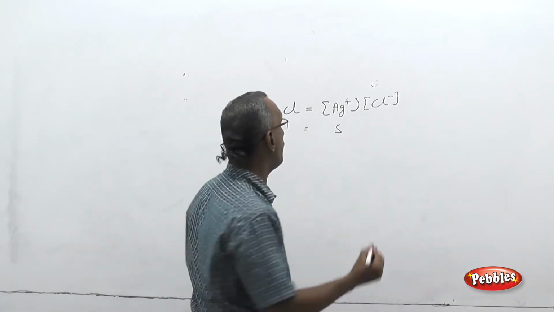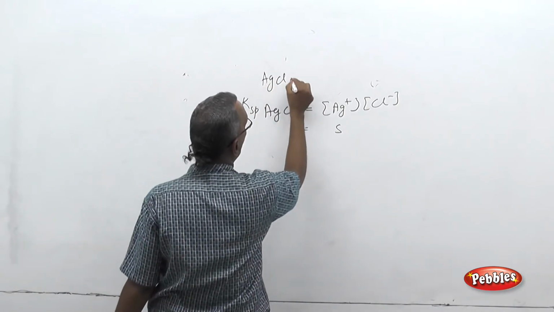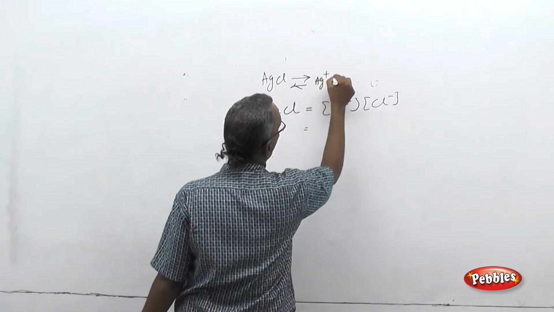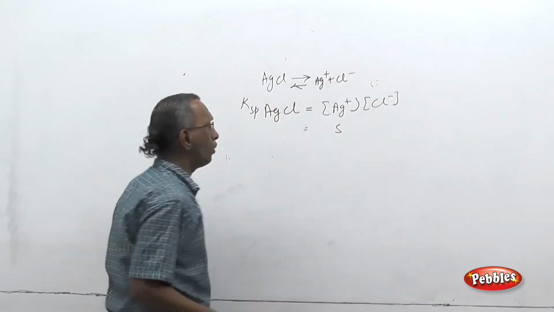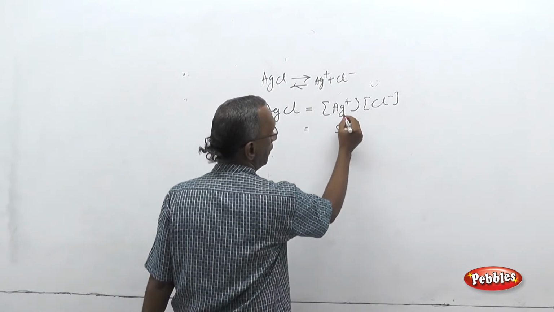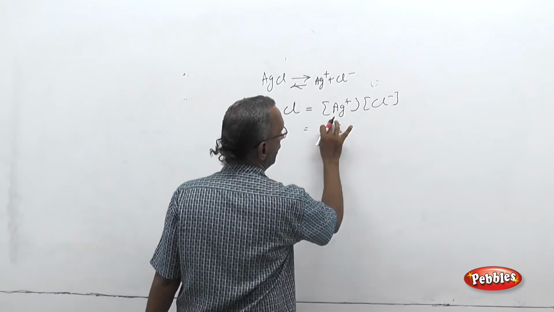This is the equation: AgCl giving rise to Ag+ and Cl-. So if it is soluble, S is the concentration of Ag+.